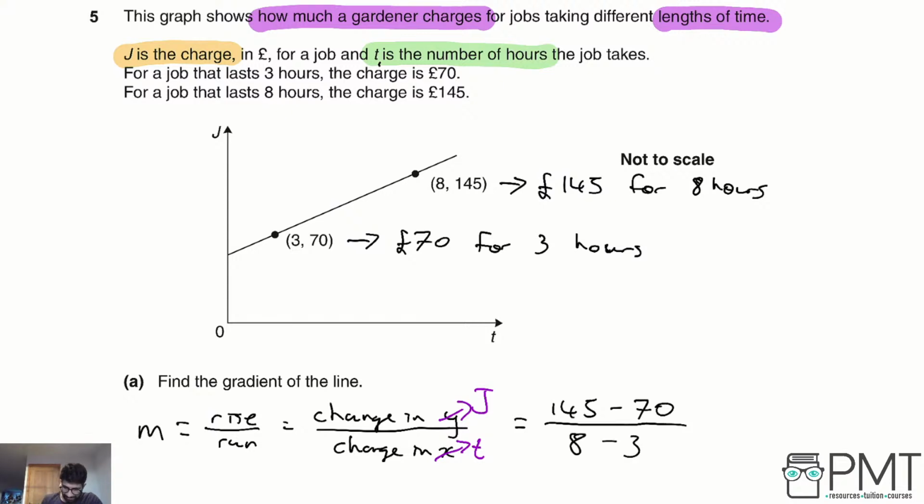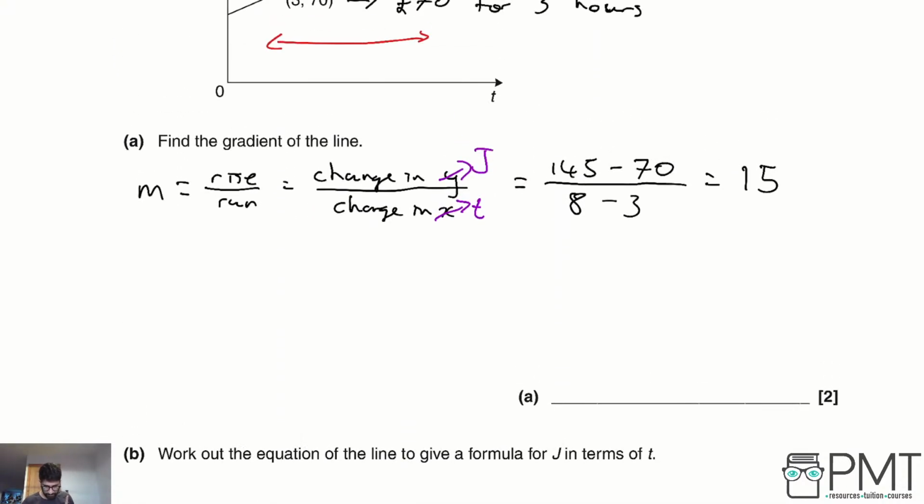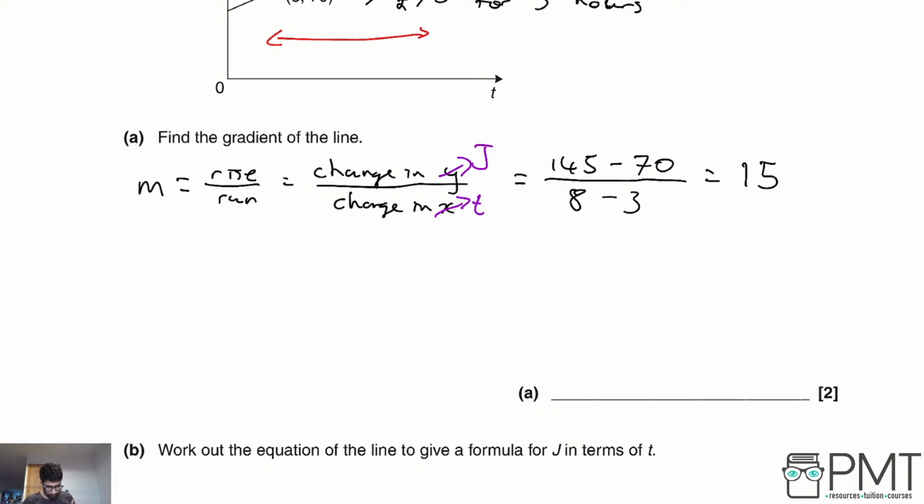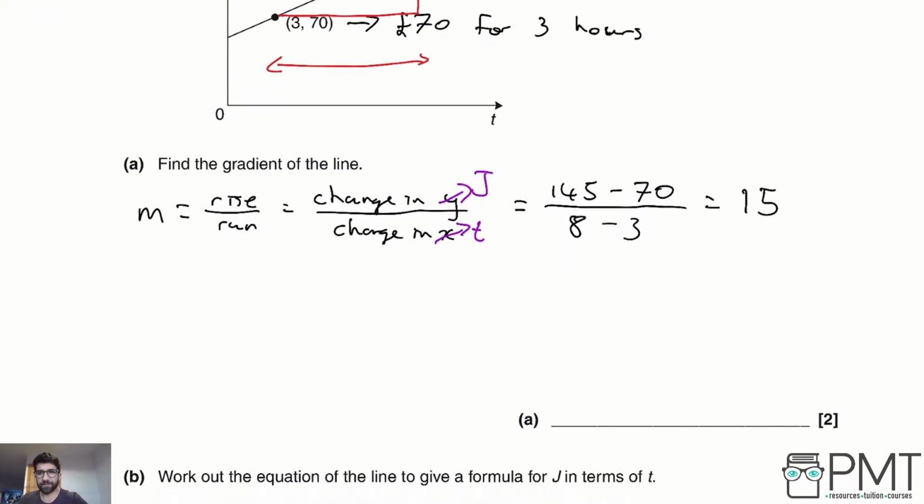So what we are doing is making this triangle, finding this distance and this distance. And what did we say the answer was? 15. Okay, 15, everyone. You should have the answer as 15. Let me know if you have anything different.